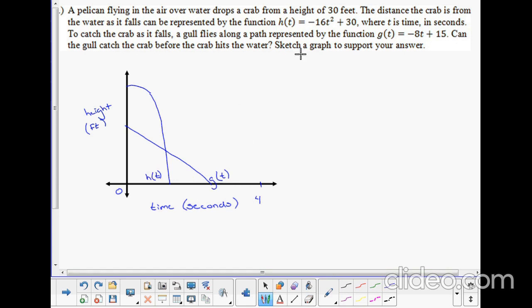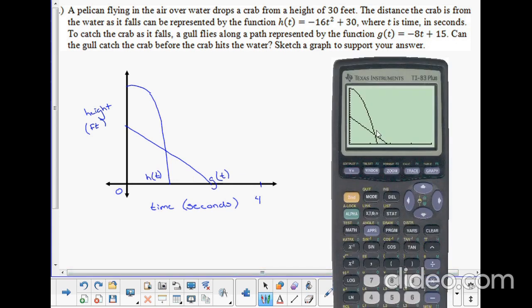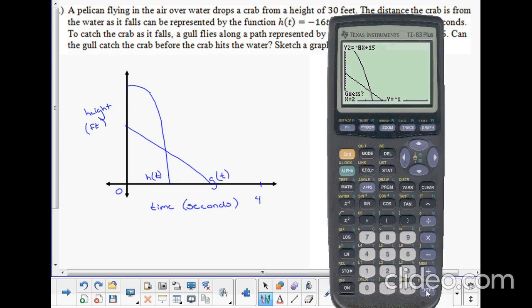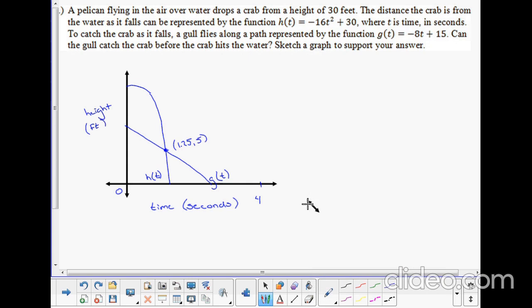It says, can the gull catch the crab before the crab hits the water? Well, the water would be at a height of 0, and we can see that there is an intersection. We could find that intersection if we wanted to, and it would be at approximately 1.255. So the answer here would just be yes.